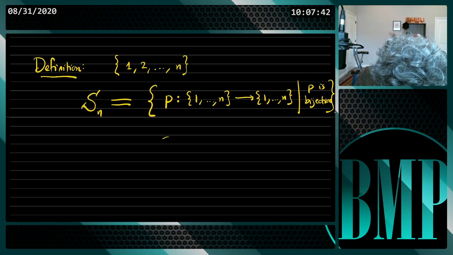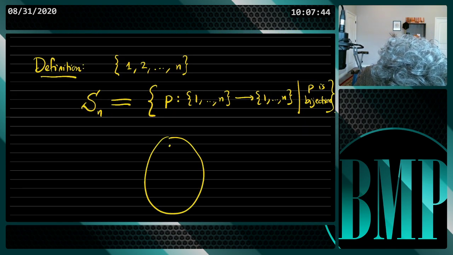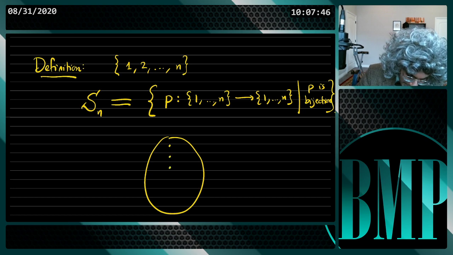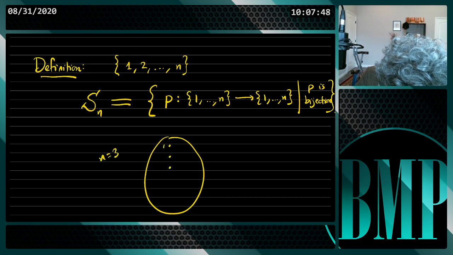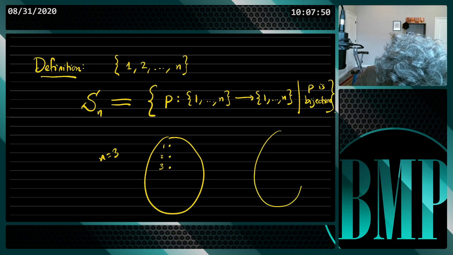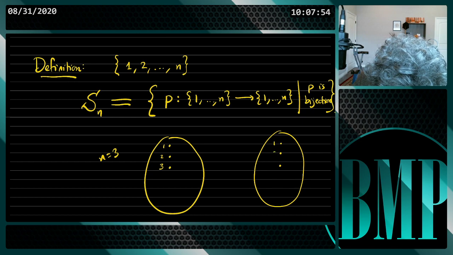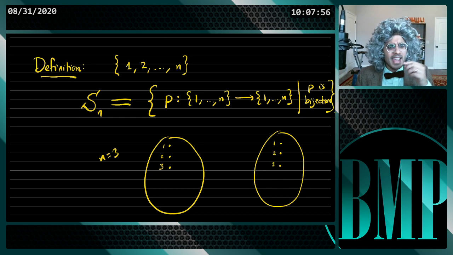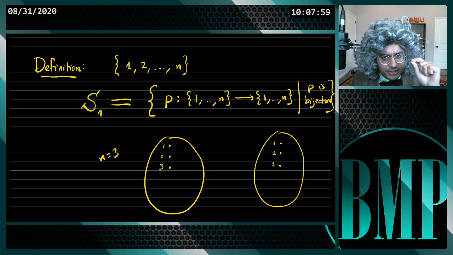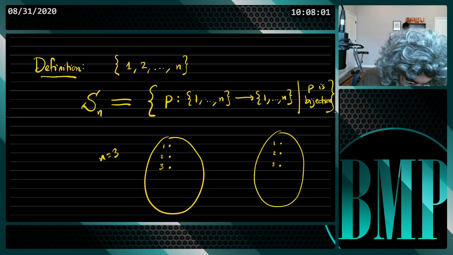If you draw it, let's say n is 3. Let's draw a picture with n equals 3. Okay, two sets. And the elements are named 1, 2, and 3. What does a bijection look like?